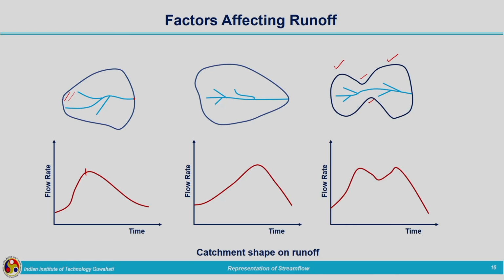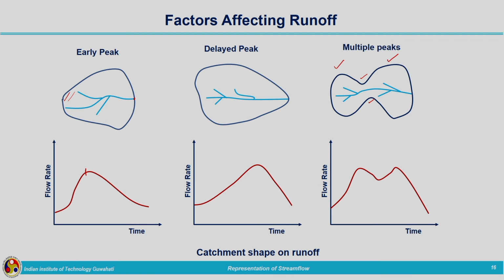Again, the farthest area is more compared to in between area. So, initially the flow will be rising, then reducing, then when the entire catchment starts contribution at the outlet point, it will be increasing. So, these are the different types of hydrograph which we can experience from different shapes of watersheds. In the first case, we are having early peak, second case delayed peak, and in the third case, we are having multiple peaks.